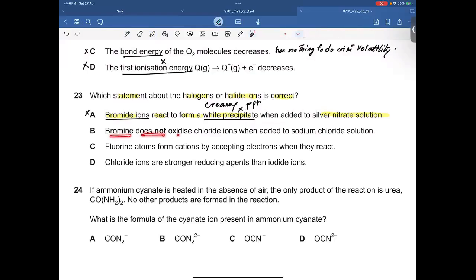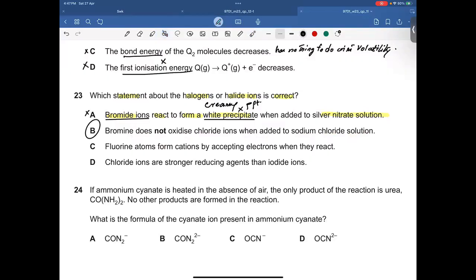Bromine does not oxidize chloride ions when added to sodium chloride solution. Obviously, bromine is less reactive than chlorine, which is why bromine cannot oxidize chloride ions, and that's why B is the right answer.